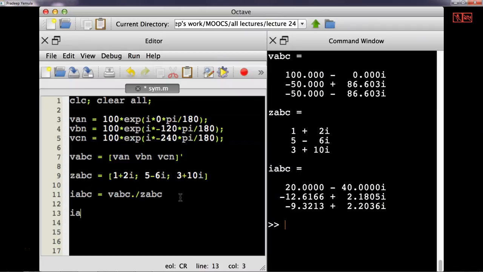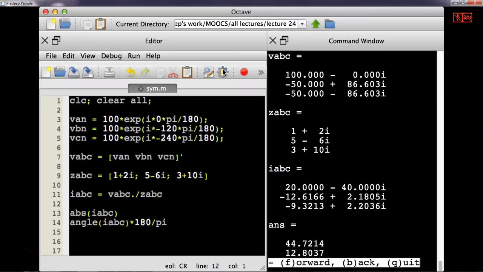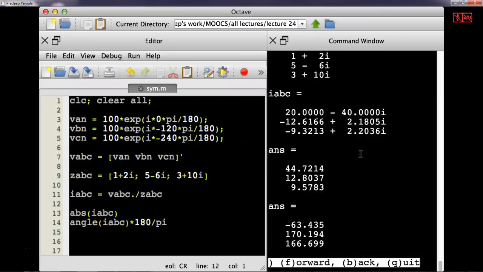Okay, so I want to display the currents in polar form. So IABC absolute value, and then angle of IABC into 180 divided by pi. If I do this, then I can display the angles also.